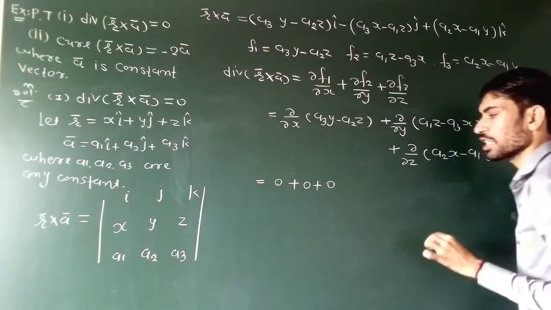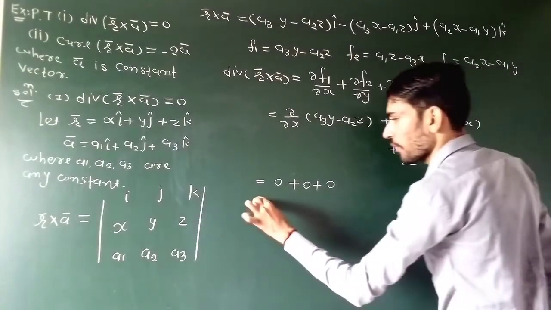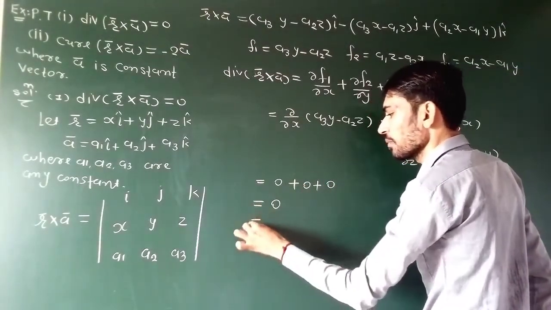Again its derivative with respect to z is 0. So the final answer is 0, which is nothing but the RHS.